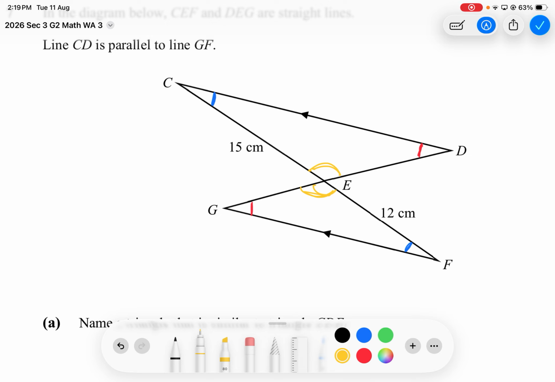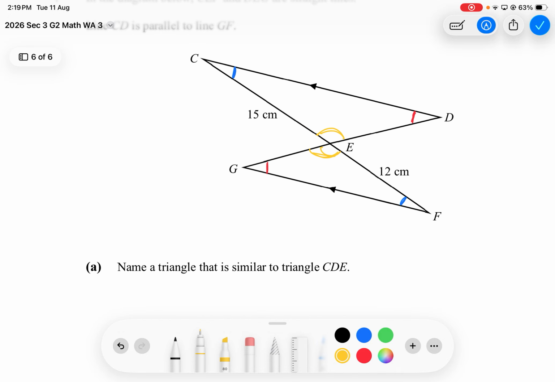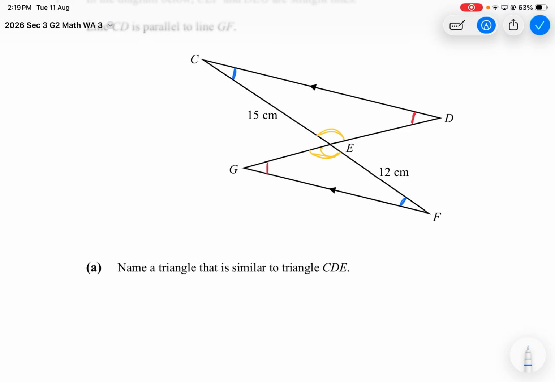So when I name them similar, I told you the naming sequence must be correct. C followed by D followed by E. So I must name my triangle, which is the corresponding point of C. C is the same as F, so I must call F first.